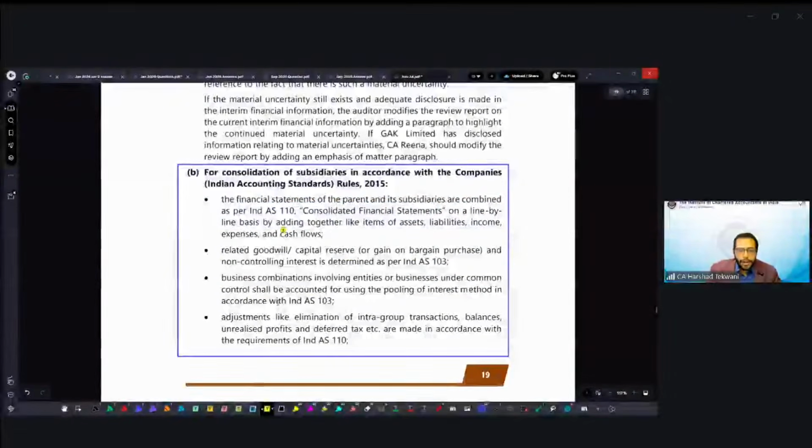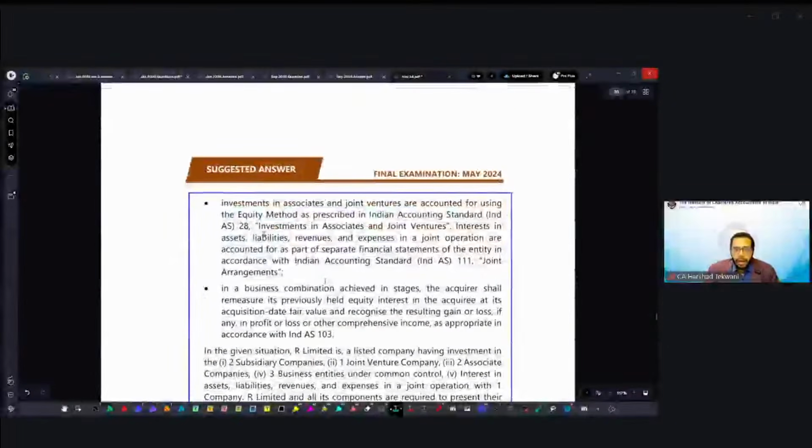Over here I will mention the relevant standards, Ind AS like Ind AS 110, Ind AS 103. Then various parts like elimination of intra-group transactions, business combination with respect to pooling of interest, and all these things which are there under Ind AS 103. Then the equity method under Ind AS 28 for the investment in associates and joint ventures.